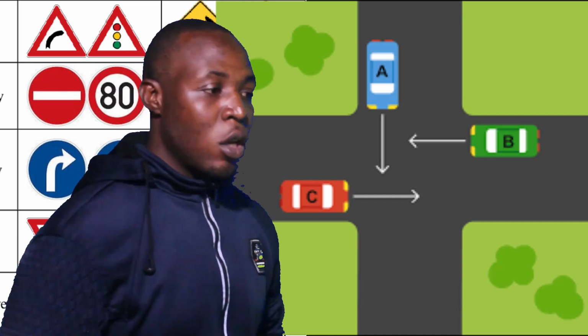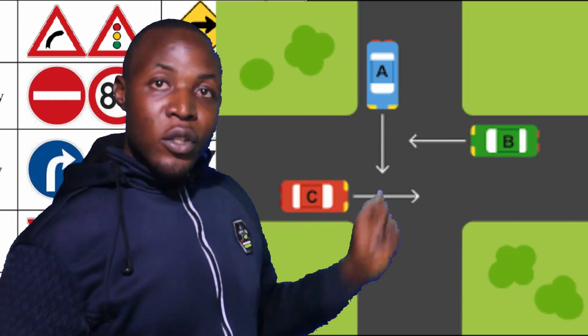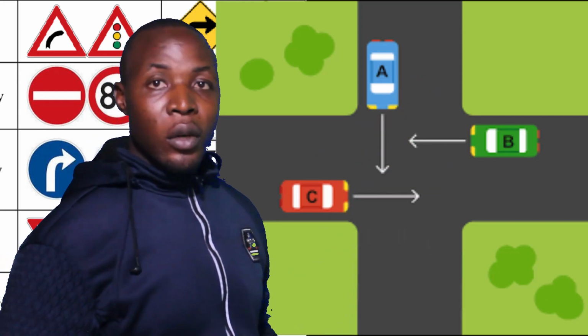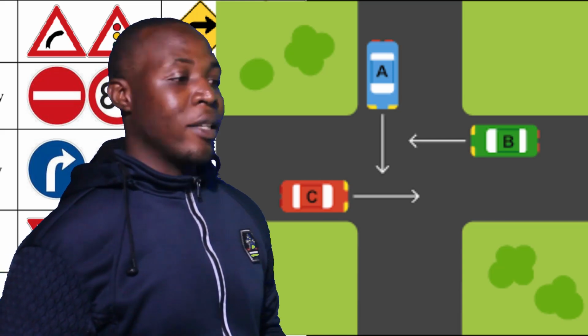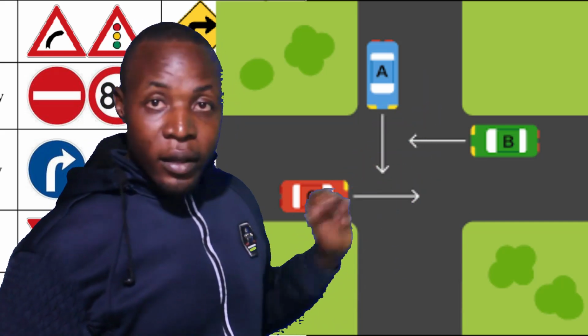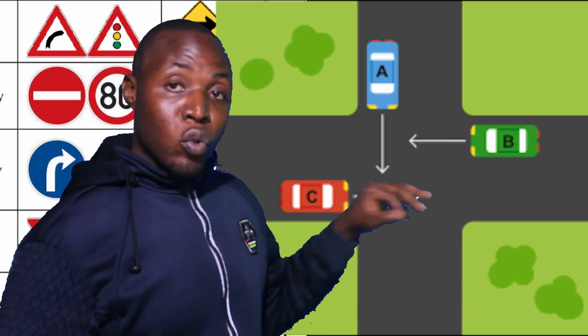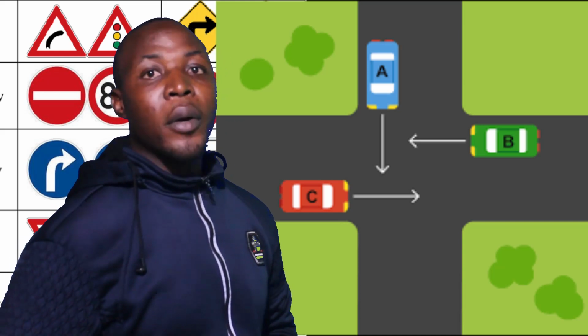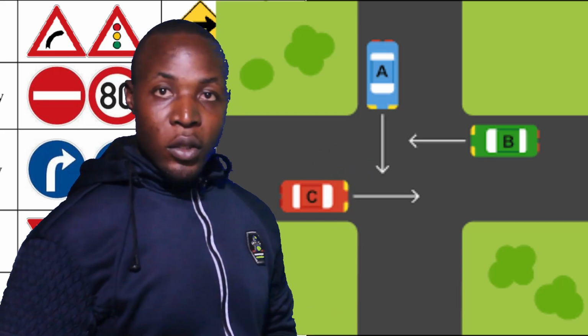this intersection? Since all the vehicles are going straight and none of them is turning, who must wait on the intersection? Since the blue vehicle is coming on the right of the red vehicle, the red vehicle has the right to pass first as far as this situation is concerned.